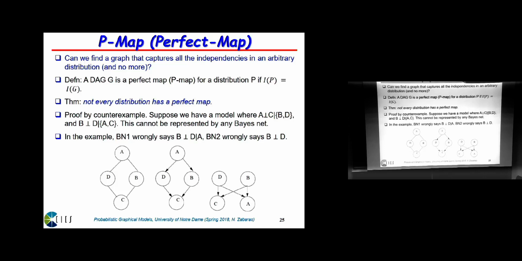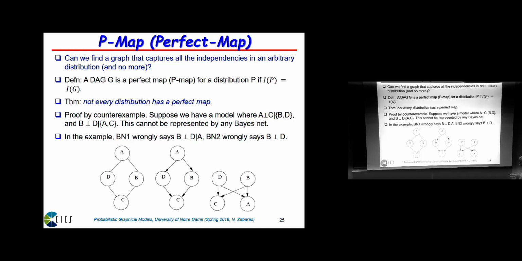A very fundamental example in the literature, and you will find many pages devoted to this example, has 4 variables. This is an undirected version of the graph that satisfies the following relations.